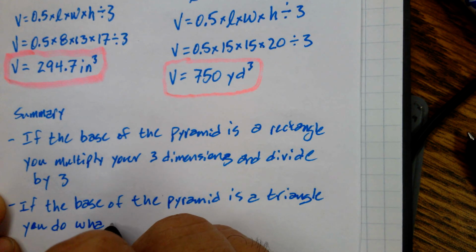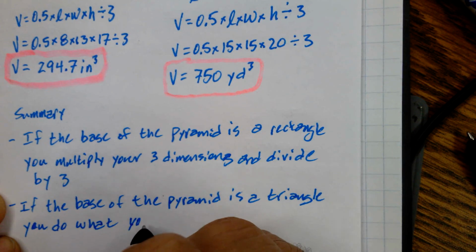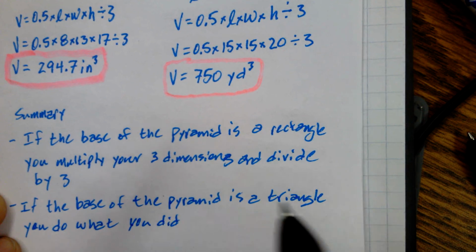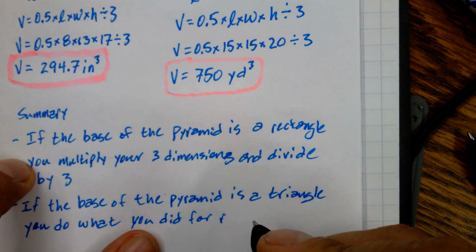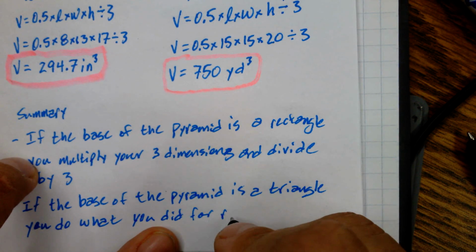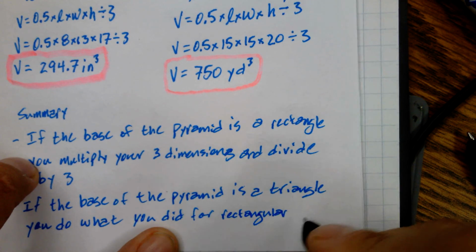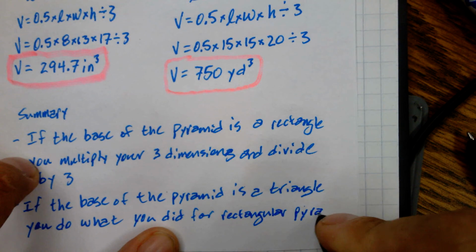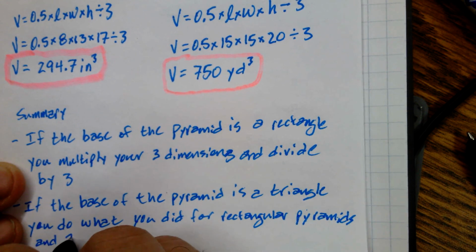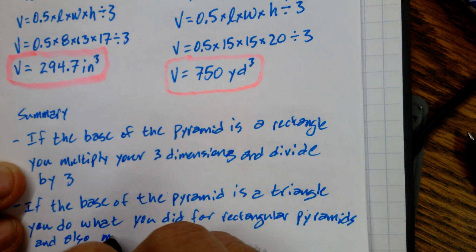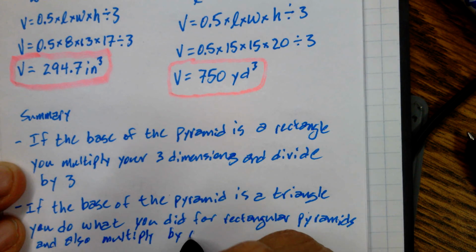Do what you did for rectangular pyramids, prisms, and also multiply by 0.5.